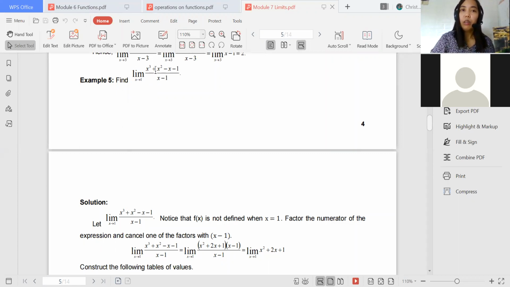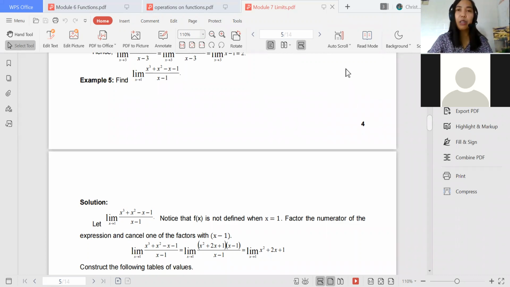And when we are dividing polynomials, we can use the long method. You divide x cubed plus x squared minus x minus 1 by x minus 1, or by using, ano nga bang method yun?